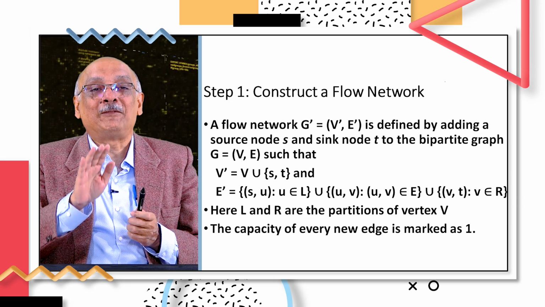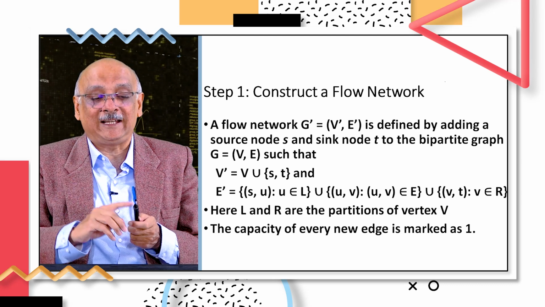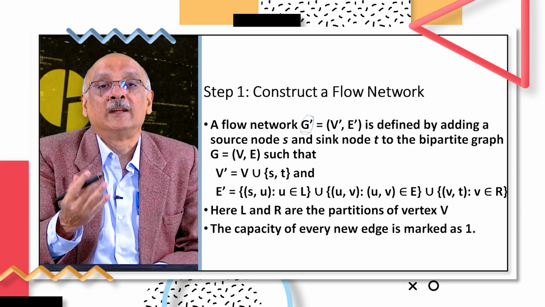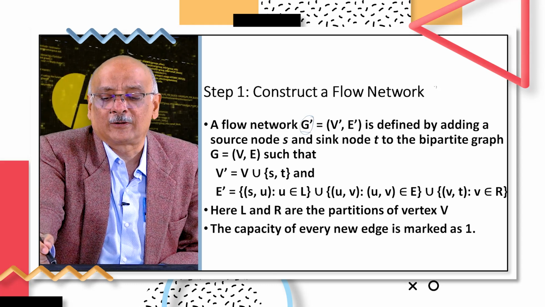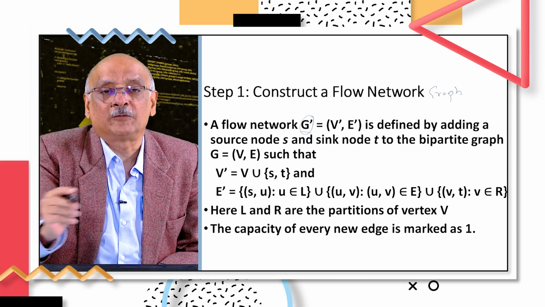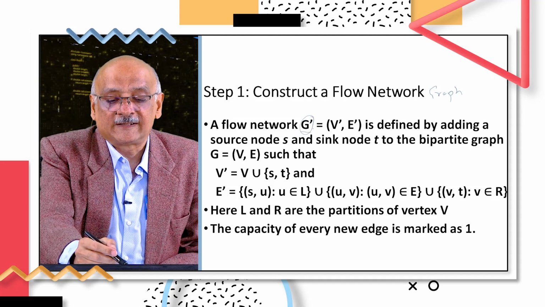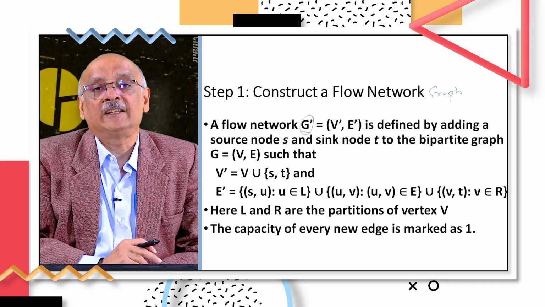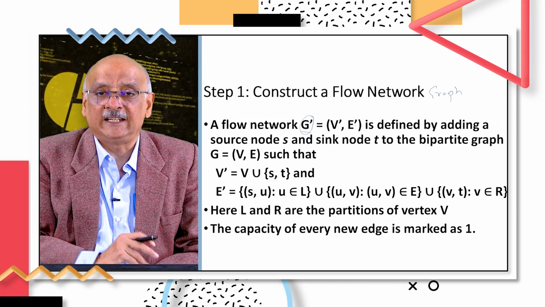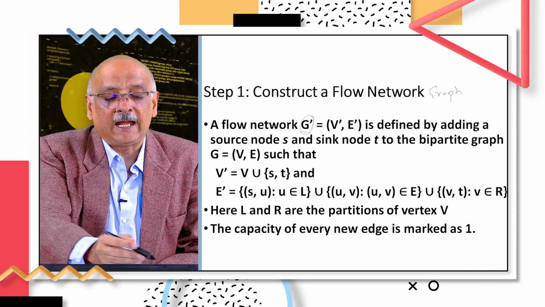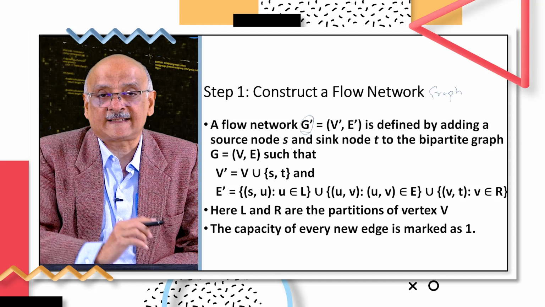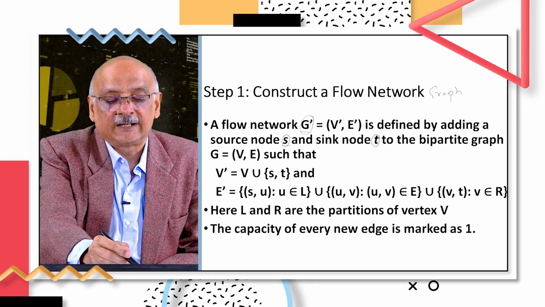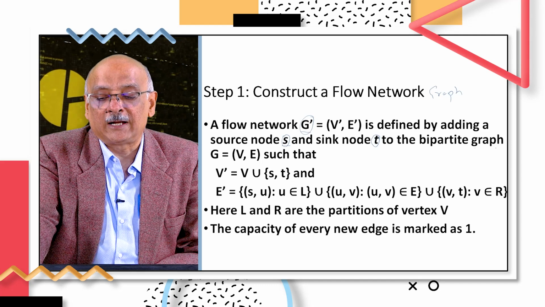So, how do we create a flow network? A flow network G dash is also a graph, consisting of vertices V dash and edge set E dash, defined by adding a source node S and a sink node T. So, we will be adding two nodes to the set of the bipartite graph.